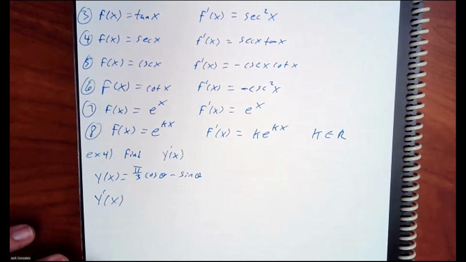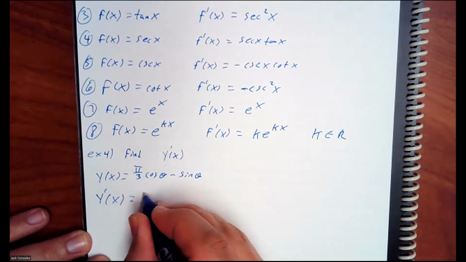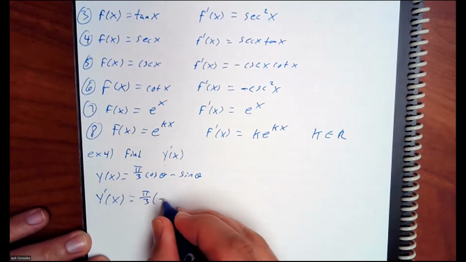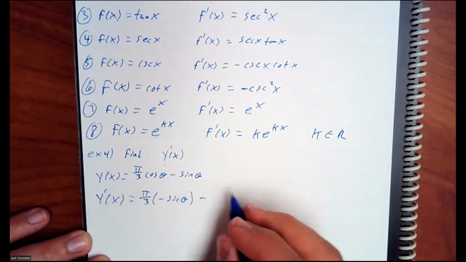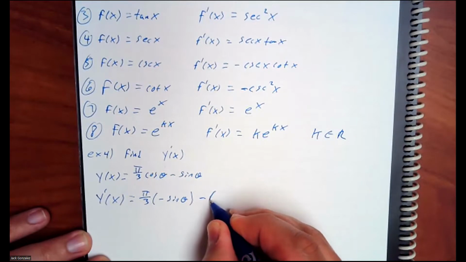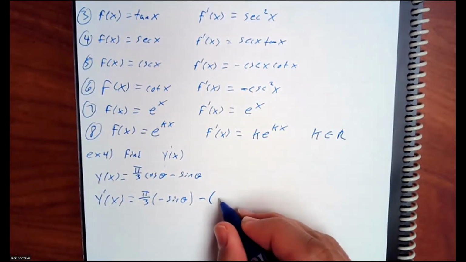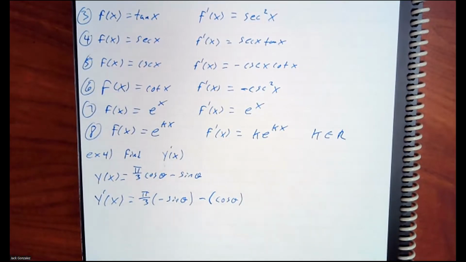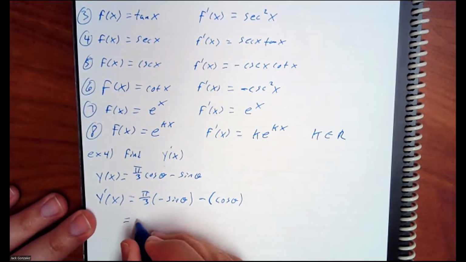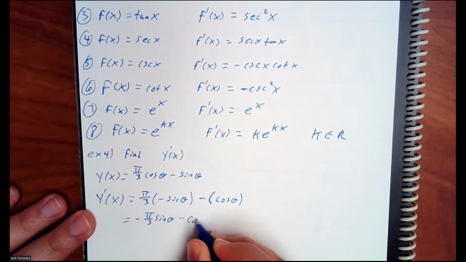So this would become 5/3 times negative sine, minus the derivative of sine, which is cosine, right? So we get negative 5/3 sine theta minus cosine theta.